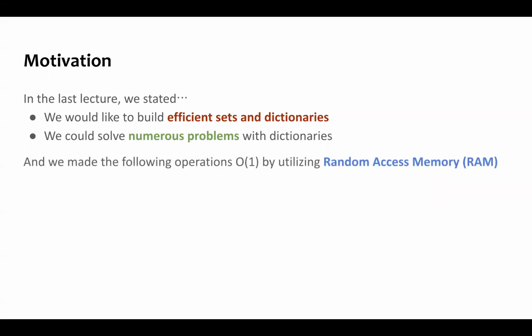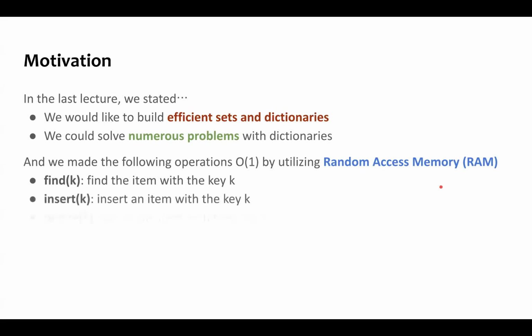And we made the following operations O(1) by utilizing random access memory, called RAM. So we made find, insert, and delete, all these three operations O(1) by using random access memory. And to do so, we talked about two methods. The first one was chaining, and the second one was open addressing.